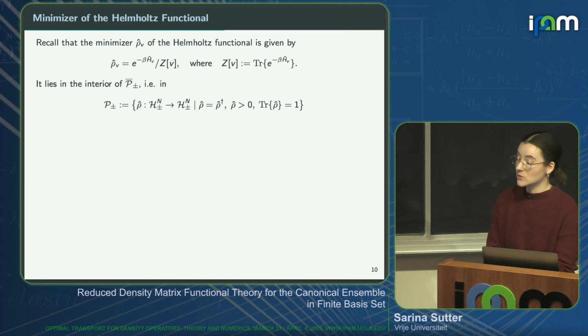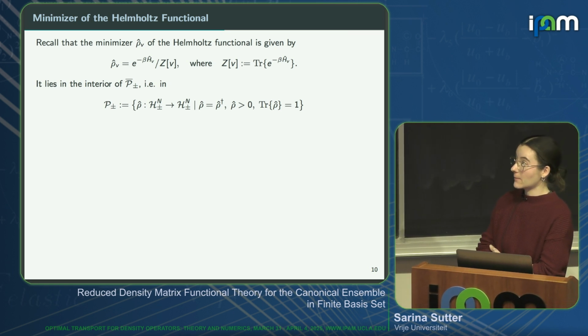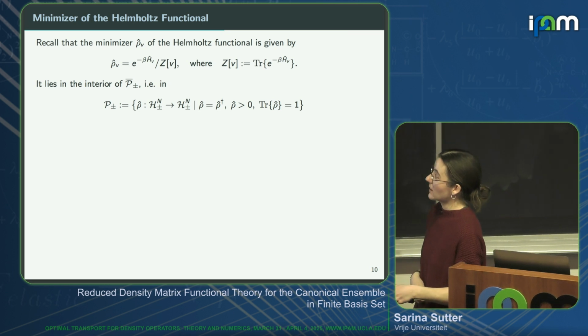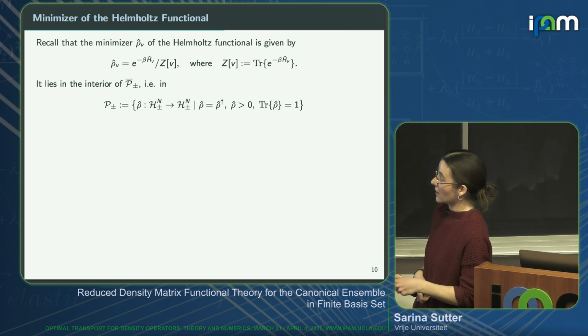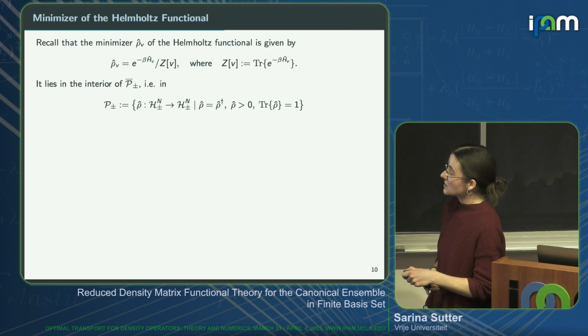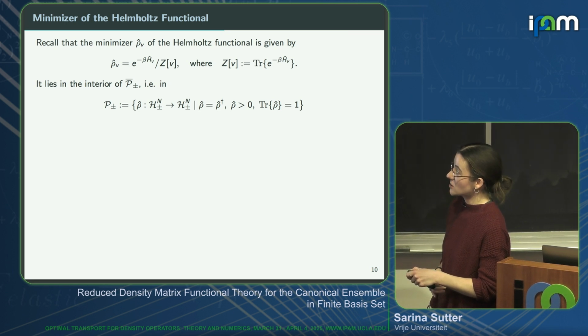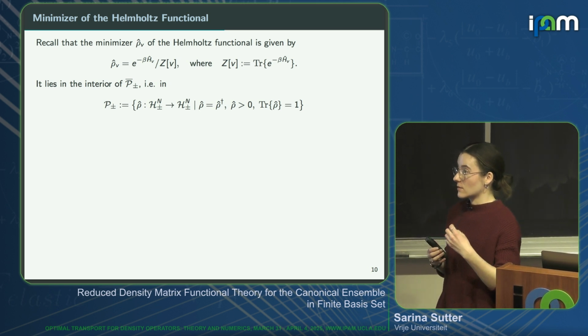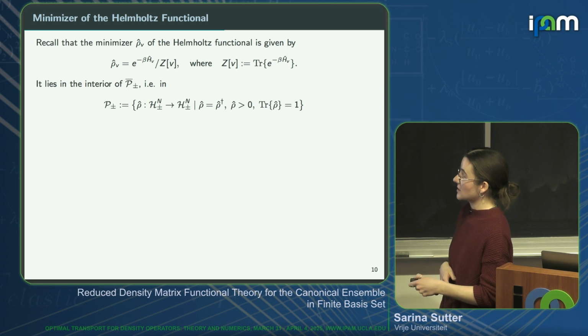Now we want to study a bit more our minimizers, so the Gibbs state. We know that the Gibbs state is given by the following expression here. So now we see, because we have here an exponential, that the eigenvalues of our density matrix cannot be 0.